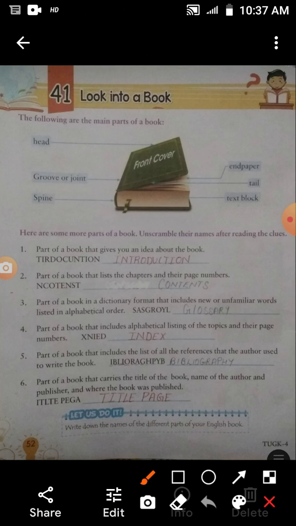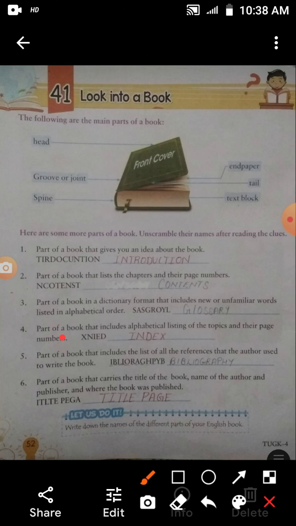And the next question is: part of a book that lists the chapters and their pages. As I have already told, as you have seen in the picture itself, in the table of contents we can find the chapters and their page numbers. So it will be contents, CONTENTS.